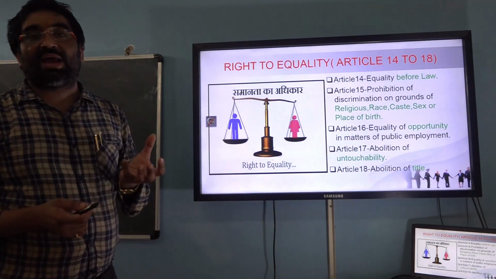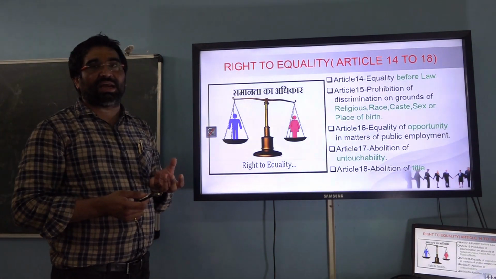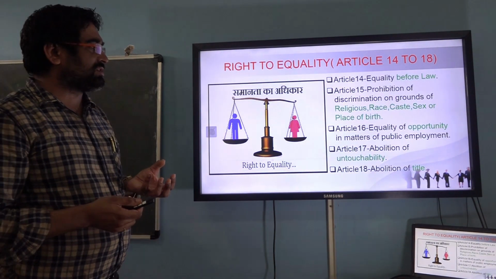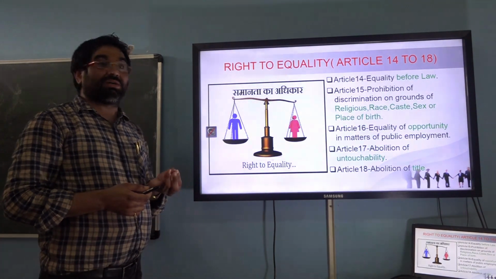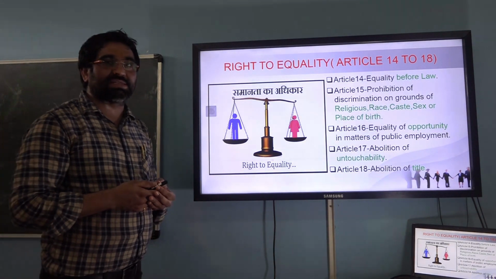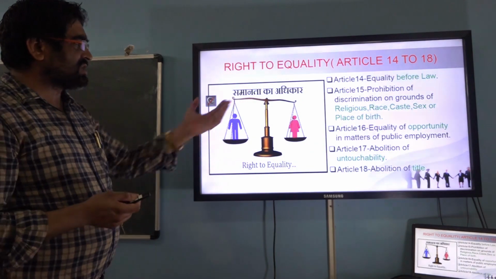Means what? Some groups were saying they are higher and other groups are lower. So the higher people would not touch them. Some groups couldn't enter public places like temples and water places, and there were many such problems. So a ban was made.